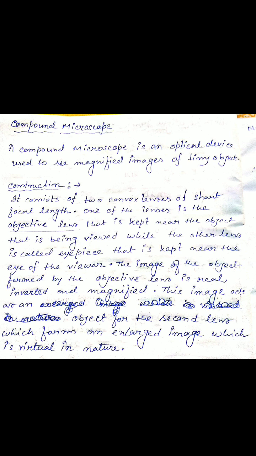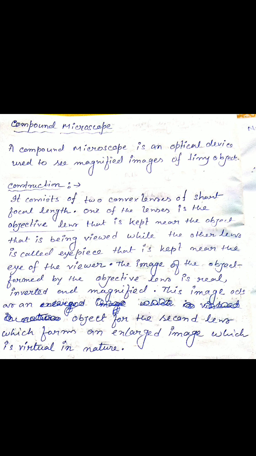Construction: this compound microscope is also constructed with convex lenses, but here we use two convex lenses of short focal length. One lens, which is placed very close to the object, having a small aperture and a short focal length, is called the objective lens. Another convex lens has a short focal length but a larger aperture.